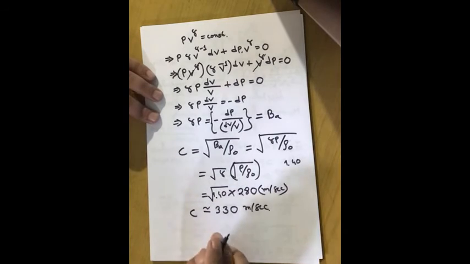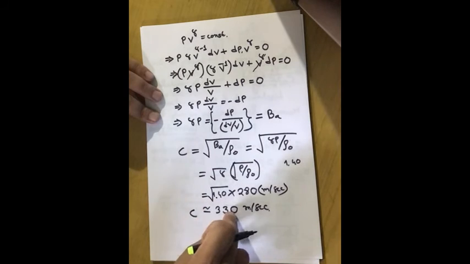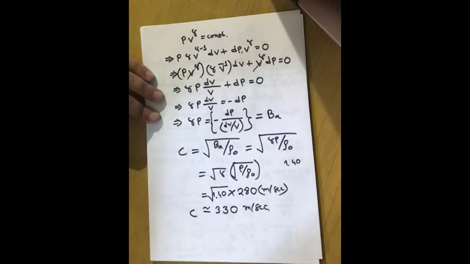This is what we measure experimentally. So this experimental proof means that we have to consider the propagation of sound through air as an adiabatic process. It's not an isothermal process. So Newton was a little wrong in his consideration for the propagation of sound through air, and Laplace has finally corrected this term, and we got the value we measured experimentally.